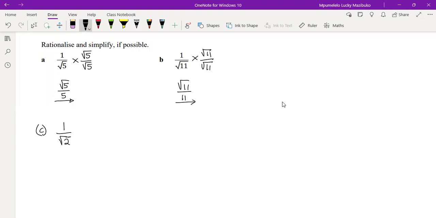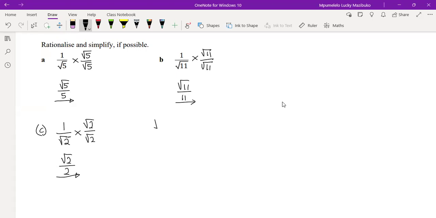You normally see this in trigonometry special angles. So where does the root 2 over 2 come from? If you rationalize this, you're going to multiply by root 2 over root 2, and your answer is going to be root 2 over 2, which is what you normally use as a special angle.